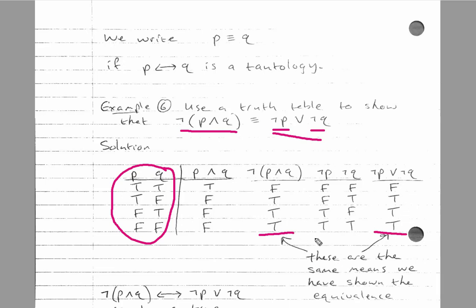Okay, so yeah, don't forget to interpret your table. So yeah, just point to these 2 rows and these 2 columns and say these columns are the same. So that means that we've proved that these are equivalent. They always have the same truth values.